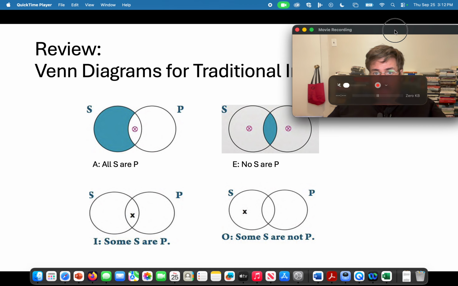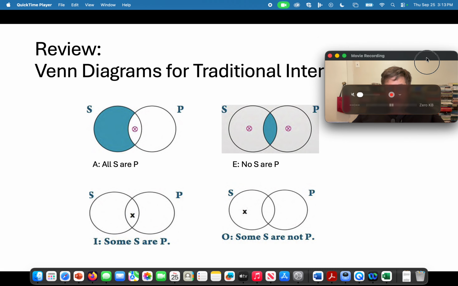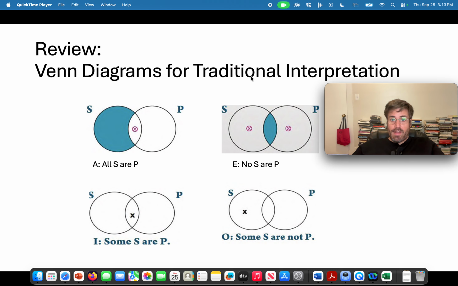If you recall from last time, we discussed the placement of our immediate inferences on the Venn diagram. Now, on the traditional interpretation of logic, recall that we have this issue of existential import, and what that means is the factual existence of universal class terms is taken to be an issue.